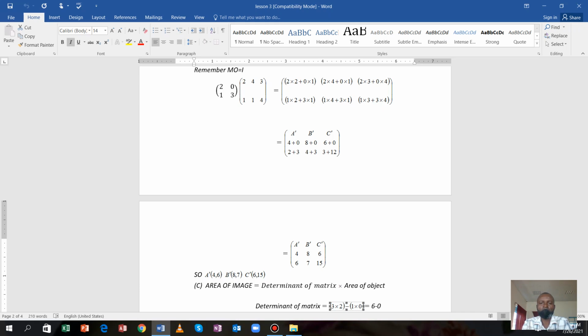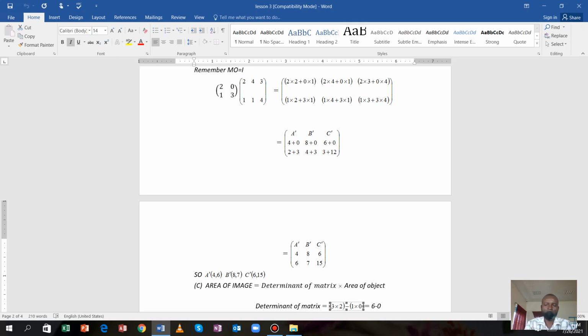C prime, you get 6, and 15. Remember to write this as coordinates. So what is A prime? You just copy from up there: (4,6). What's B prime? (8,7). And what is C prime? That's (6,15). So that's the image now of that triangle ABC.